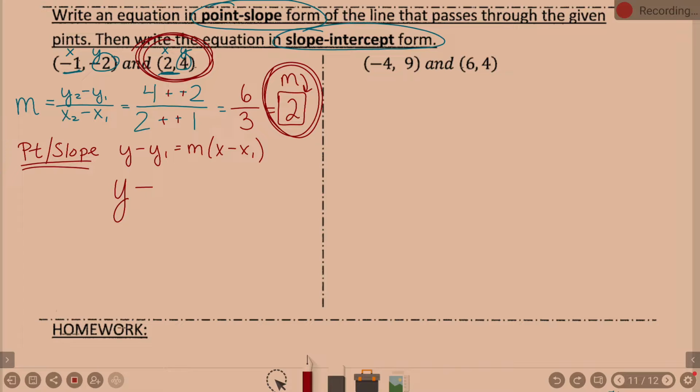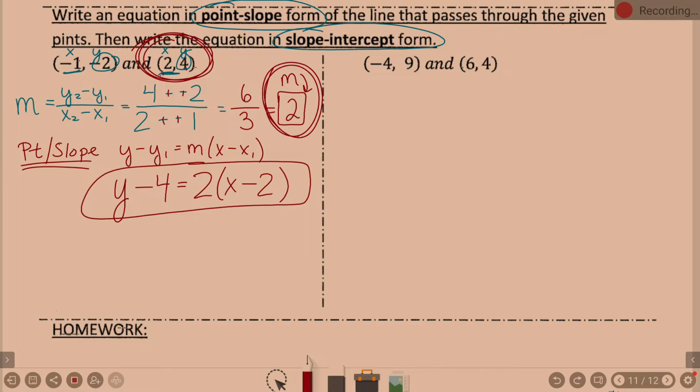Someone finally picked one, so I went with it. What's the y coordinate here? 4. So y minus 4 equals m. What's m? 2. Slope of 2 times x minus, what's my x coordinate? 2. Okay, guys. That right there is point slope form.